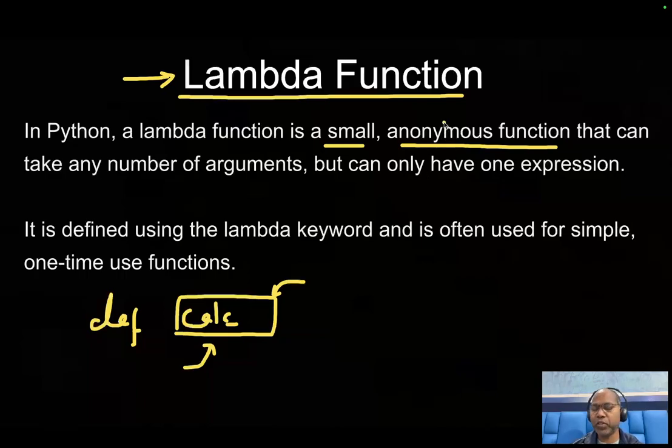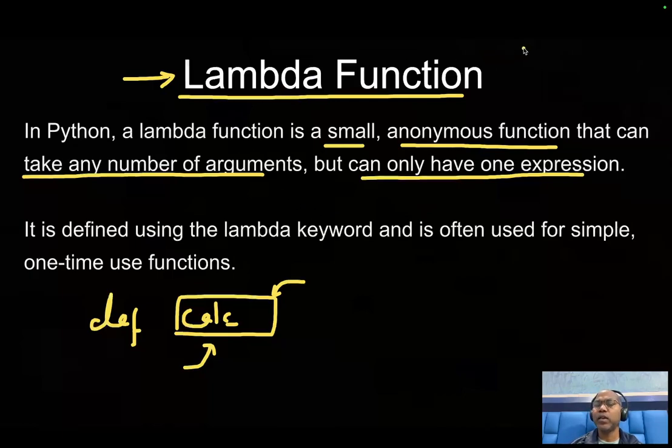Anonymous means nameless. A lambda function is generally small and does not require a name. A lambda function can take any number of arguments but can have only one expression. So you can say a lambda function is one expression that can take one input, two inputs, or three inputs and evaluate.